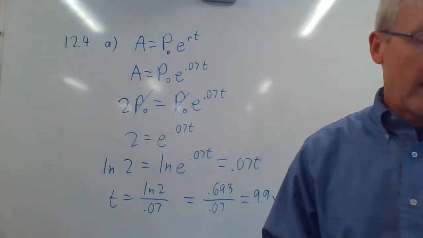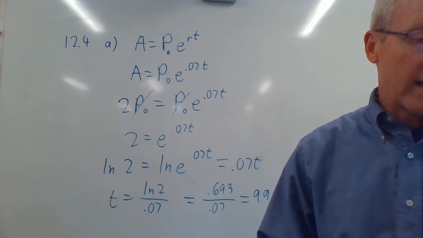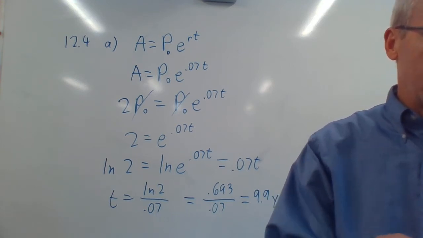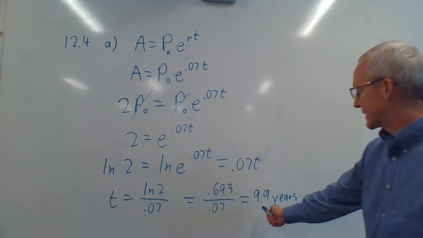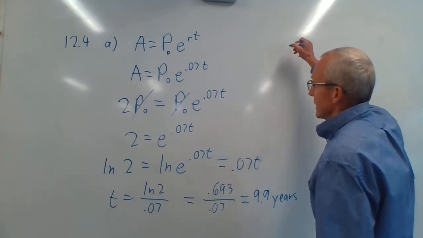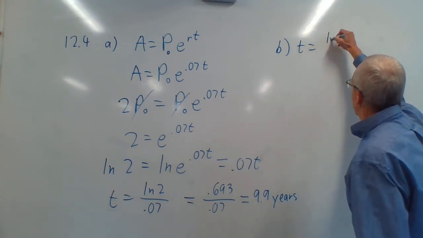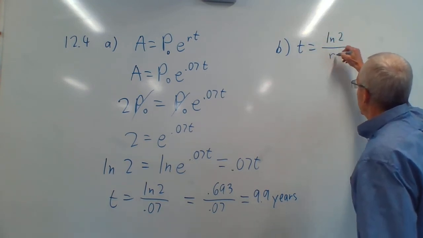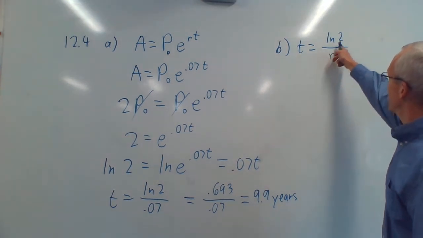Now the next one: if you want the value of the account to double in 2 years, what's the required interest rate? We want this time to be 2, so now we can just use this formula. For part B, we know that t is equal to the natural log of 2 divided by the rate. The doubling time is the natural log of 2 divided by the rate.